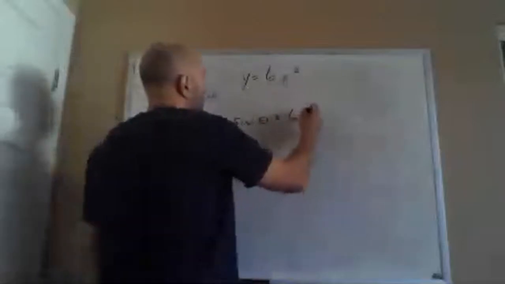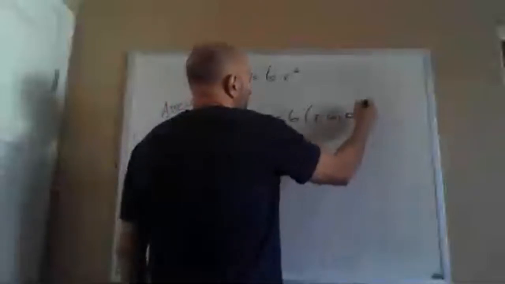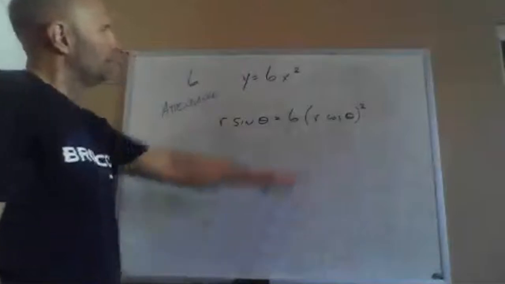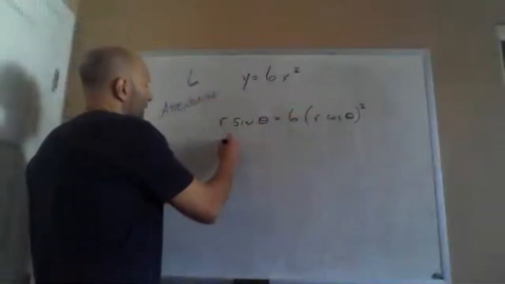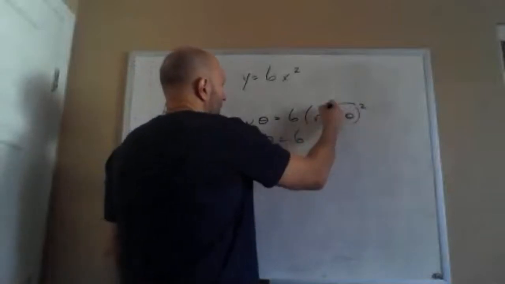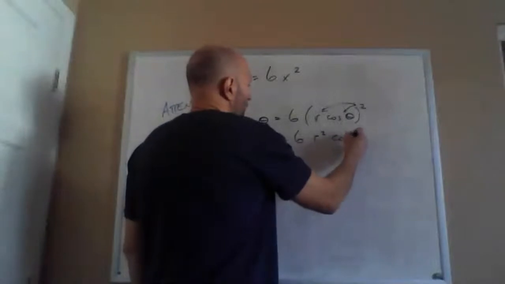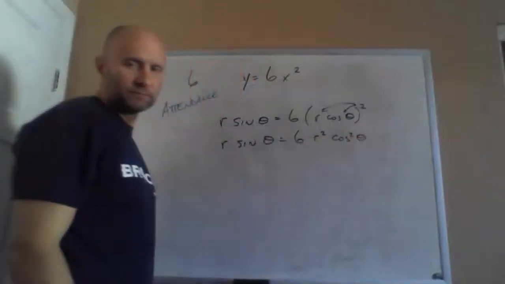And then on this side, 6, and x is r cosine theta. Be careful because the whole thing is squared. So if I bring in that squared, I get r sine of theta on the left, 6, and I bring this to both pieces. So r squared cosine squared.